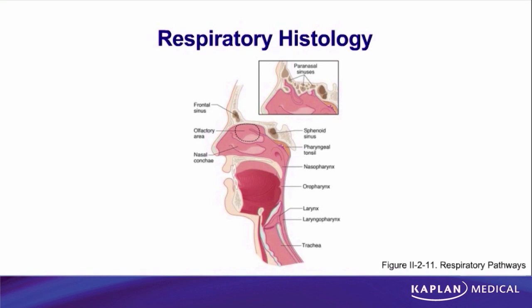And it's not until the air gets to the alveoli that the business of respiration really occurs, the gas exchange. So we need to think about what kind of histology would support those functions. Gas exchange in the alveolar region and moistening and filtering in the conducting portion. That's what we want to pay attention to.